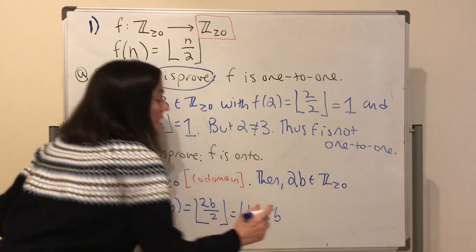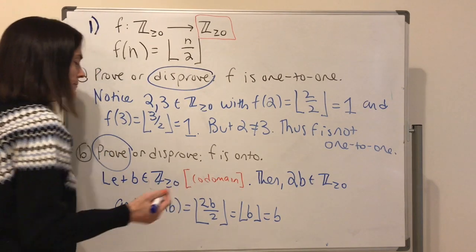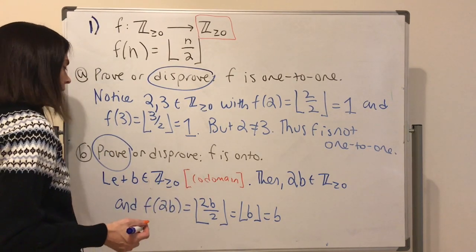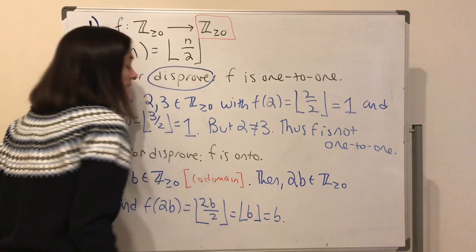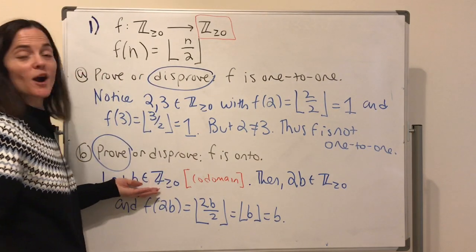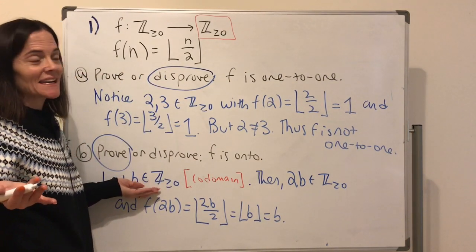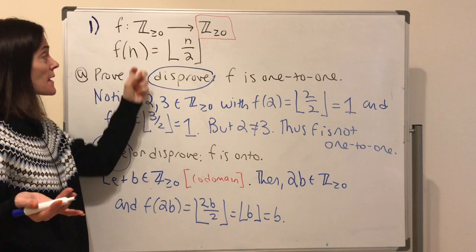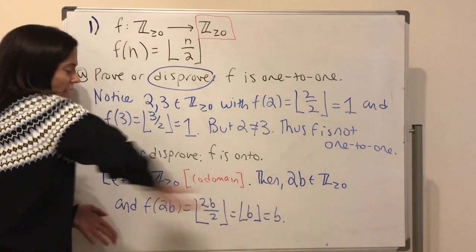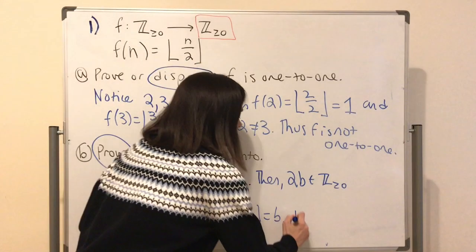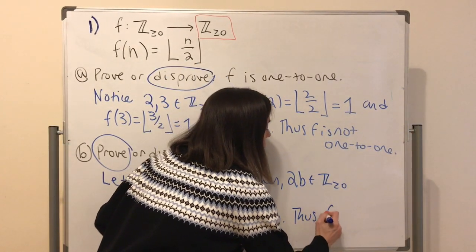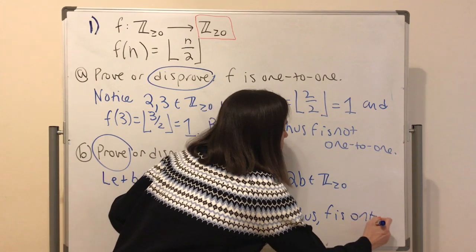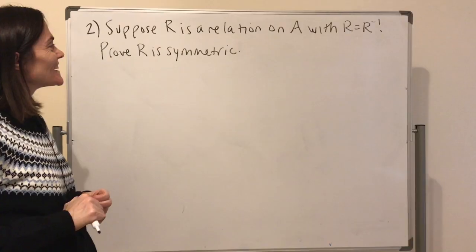But this is just b because b is an integer. So what I have done here is I started with an arbitrary element in my codomain. Then I think about the function, and then I find something in the domain that maps to it. And so I have proved f is onto, like this, okay?